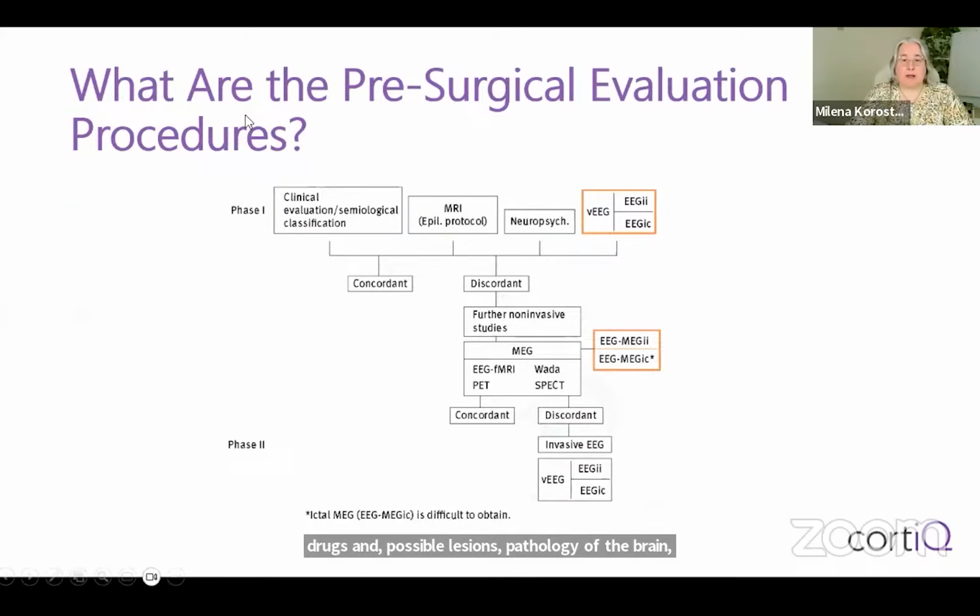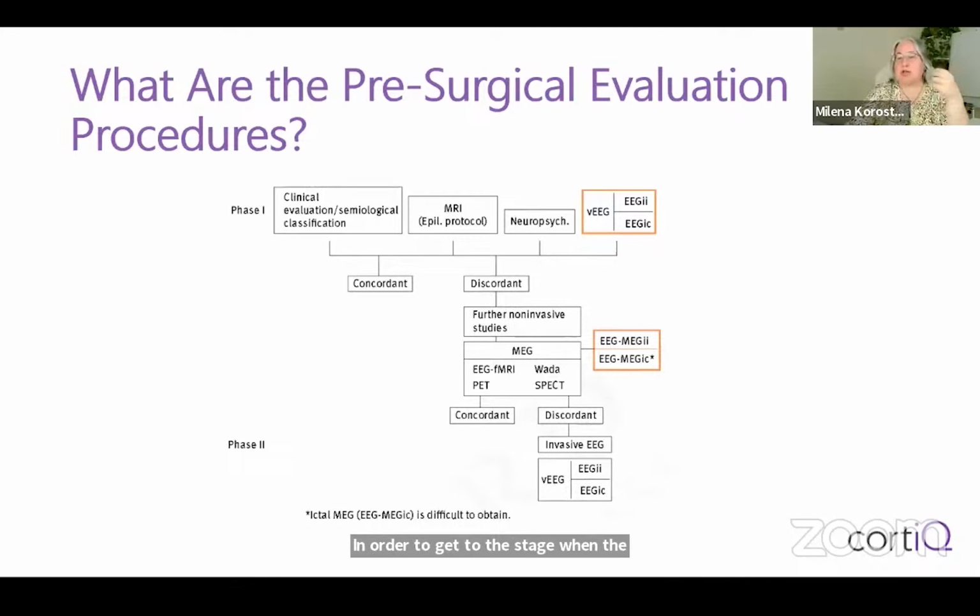work with them. And if you look at the pre-surgical evaluation before the patient goes to surgery, it consists of phase 1, phase 2, it's from our book chapter, and you can see how many procedures this child needs to go through in order to get to the stage when the surgery is performed.